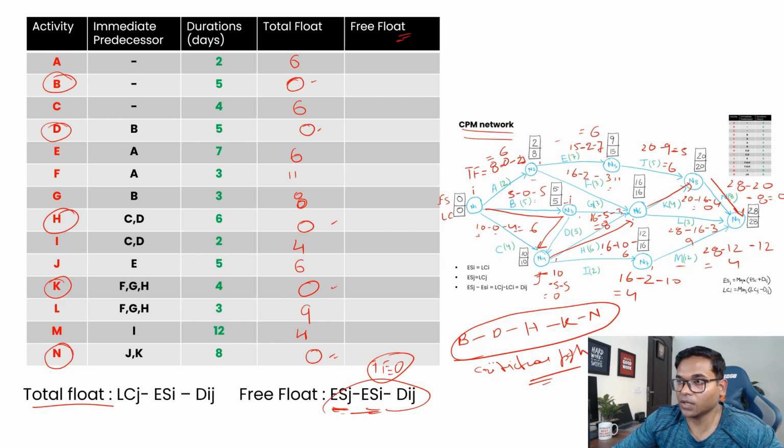Now for activity A, what will be the early start? So this is 2, right? Minus 0 minus 2 equal to 0. So the free float for activity A is 0. It means this activity cannot be delayed, right? Because it has free float of 0.